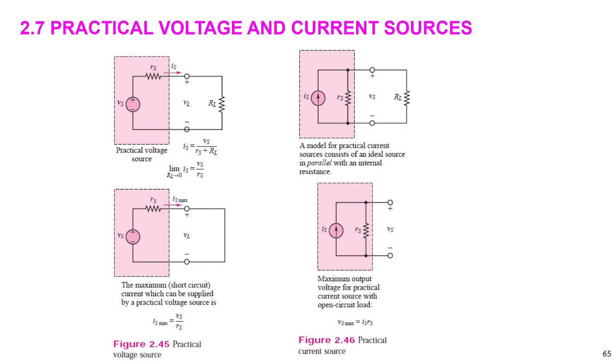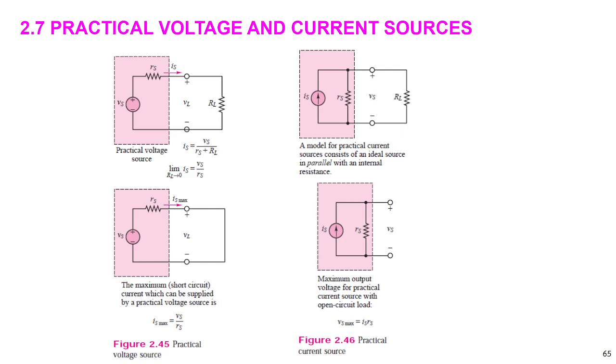Now we come to some practical voltage and current sources, right? In this class, we will calculate mostly under ideal sources. But in practice, the source usually has internal resistance.